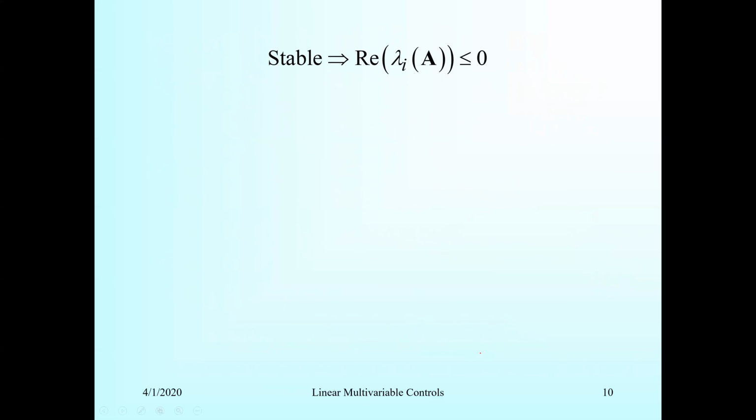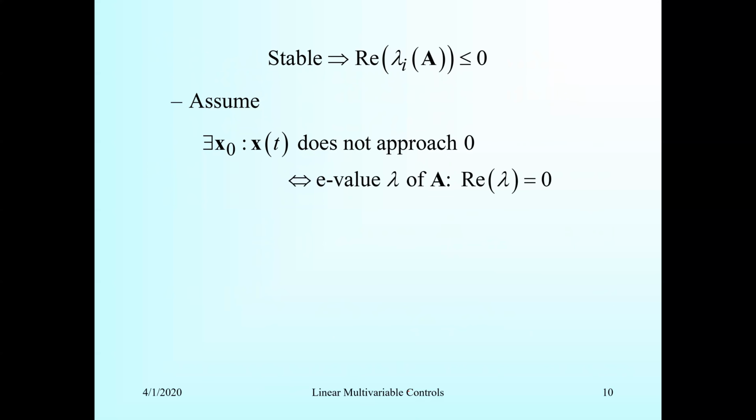So then in this case, stability means the eigenvalues of A, the real part is not positive. So you can find x0 such that x(t) does not approach 0. That means the eigenvalue lambda of A has real part 0. So that means you have a root in here. It's a complex conjugate on the imaginary axis, or you have the origin. So the real part is 0.